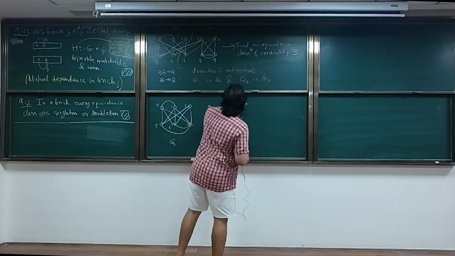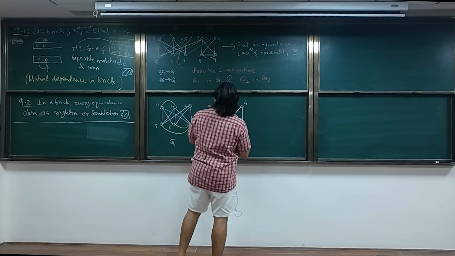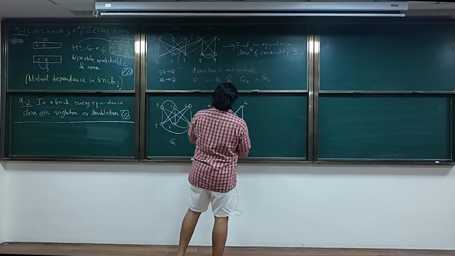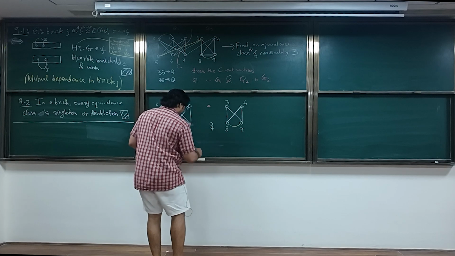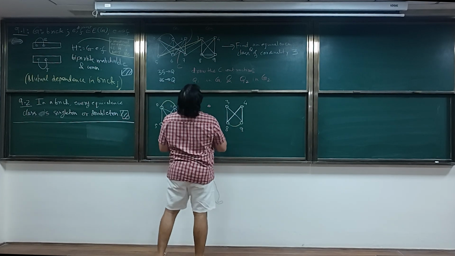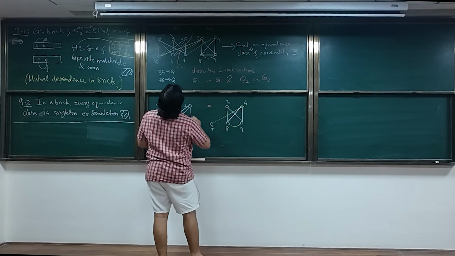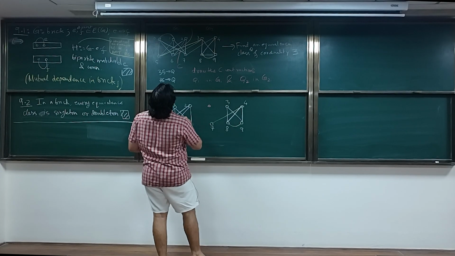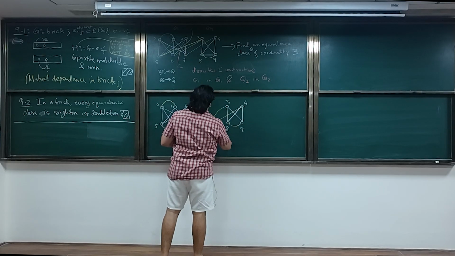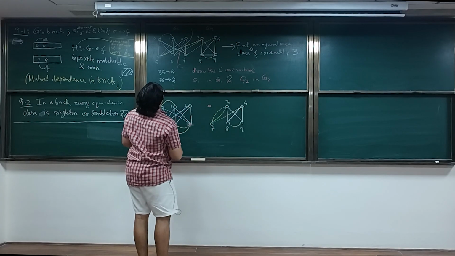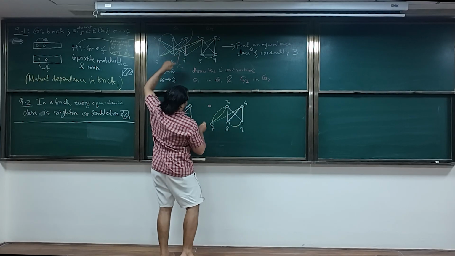And the other C-contraction is, 3 has two parallel edges, and from 7 I have 3 edges going here.